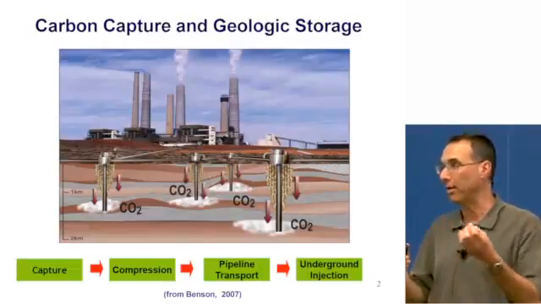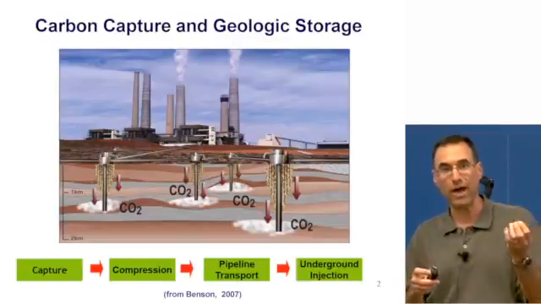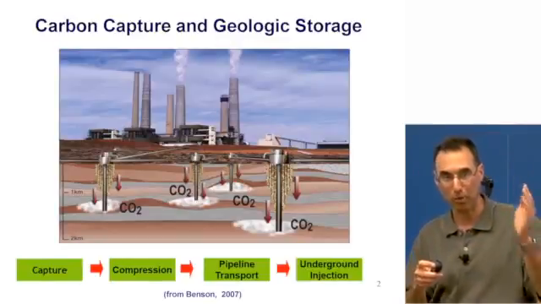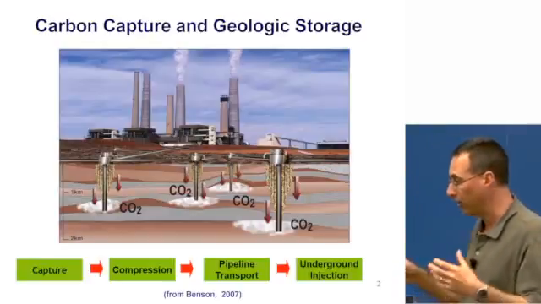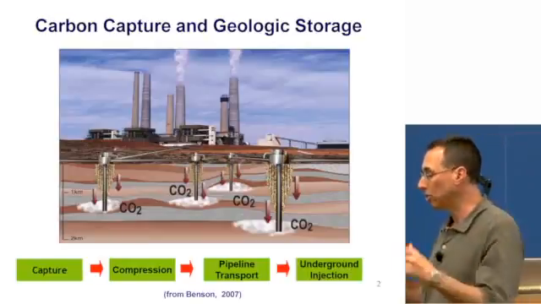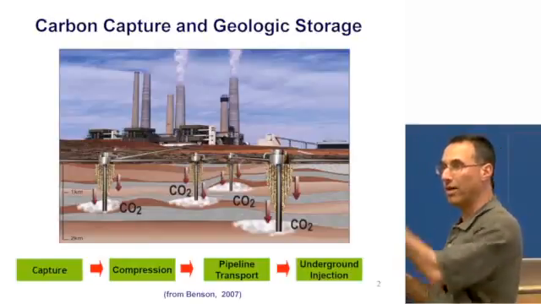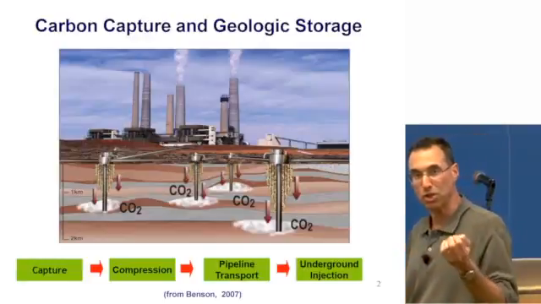Since the coal is burnt in air, the effluent flue gas would involve the CO2 from carbon plus oxygen yields CO2, plus the nitrogen in the air. Air is 78% nitrogen. So rather than just vent all that flue gas to the atmosphere, the idea is to actually capture the CO2.